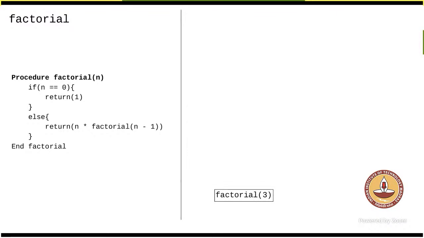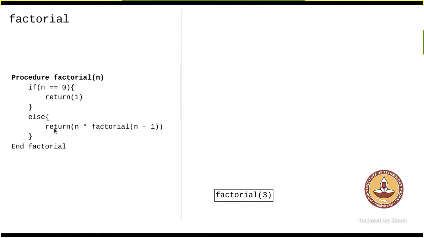So let's try to understand what is really happening. When I call factorial of 3, you all know how normal procedures work. Is this if condition satisfied, is n double equal to 0? No, sir. I won't enter this if block. So I go to the else block and I see that I need to return something, right?